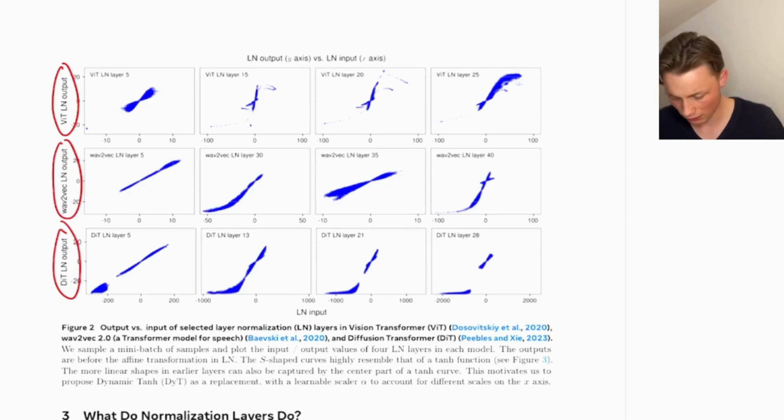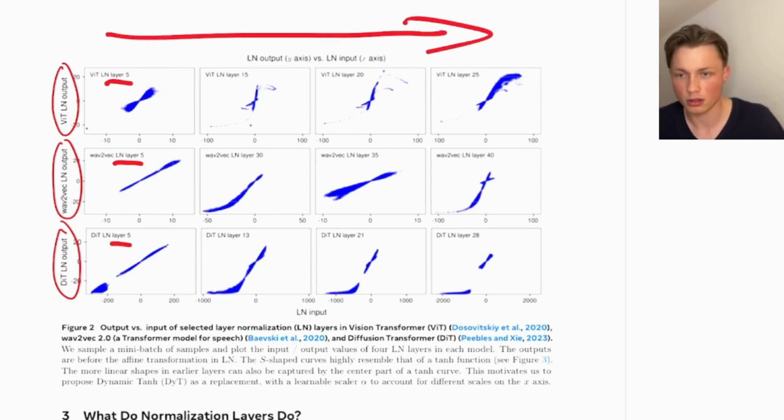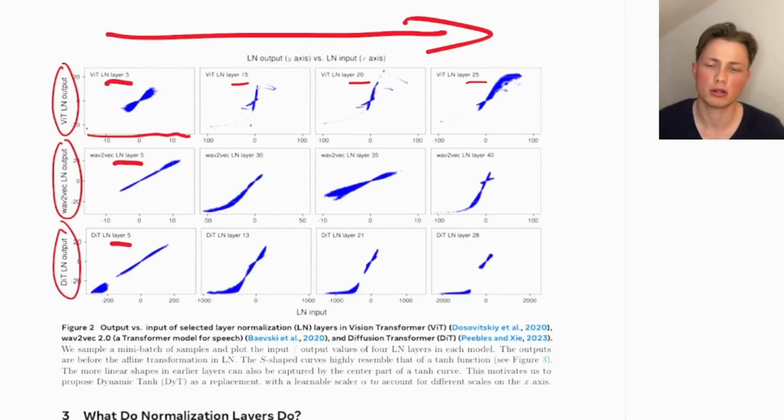Okay, and then we have, like always here, layer 5, and the more we get to the right, the layer is far more to the right in our network. So we have layer 15, 20 and layer 25. And then what they are showing here on the x-axis is the activation of our neuron, and on the y-axis is the output after the LayerNorm.